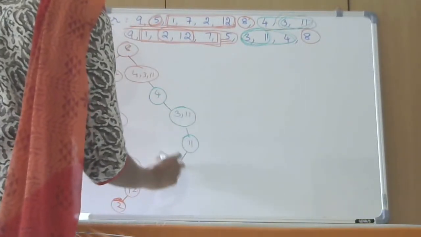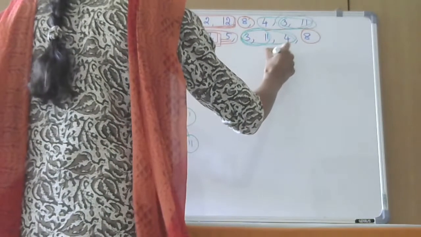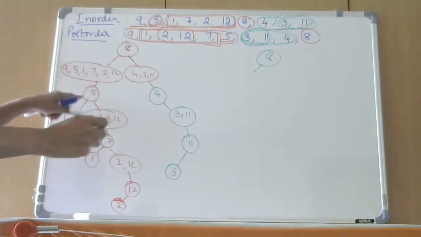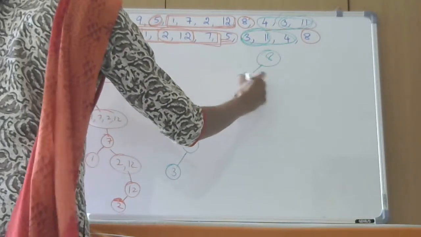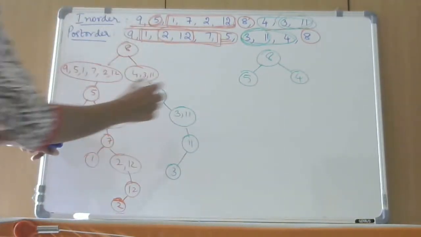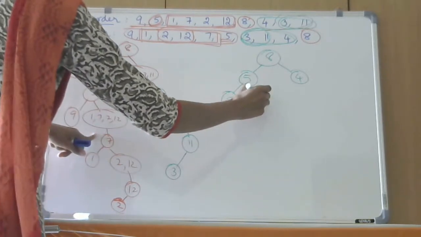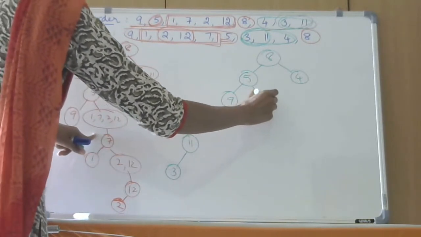So 3 will come here. If I try to rewrite this tree now, I can write 8. Left of 8 I have 5. Right of 8 I have 4. Let me finish the left side. Here I have 9, then right of 5 is 7.